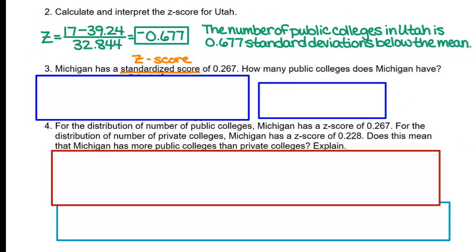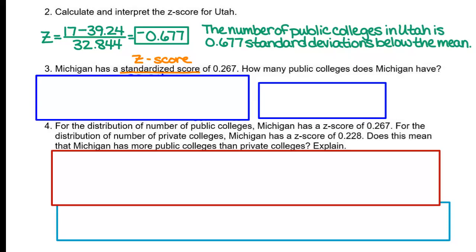So we know the Z-score. Do we know the standard deviation and the mean? So we've got one unknown thing here. We don't know how many public colleges they have. We don't know their value. So how do I do this?